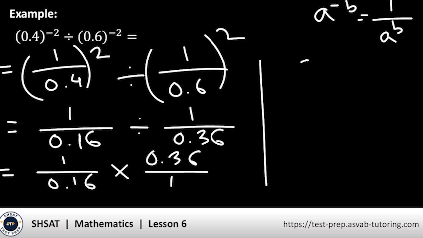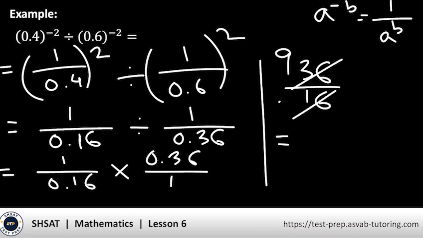So 0.36 over 0.16 can just be written as 36 over 16. Why? Because if I remove the decimals, I need to multiply 100 with both the numerator and the denominator, and doing that will eliminate the decimal. So that gives me 36 on top and 16 on the bottom. Now you can try breaking it down with 4, because 4 times 9 and 4 times 4.